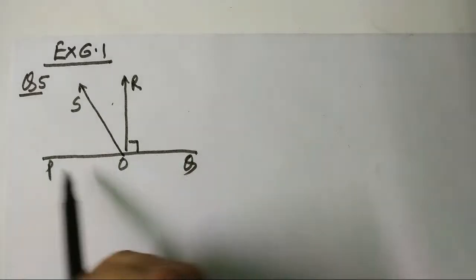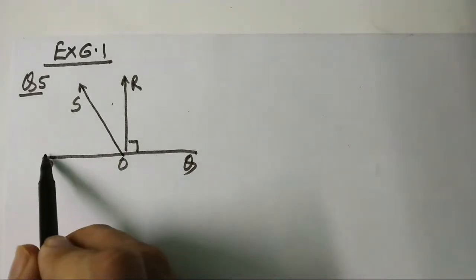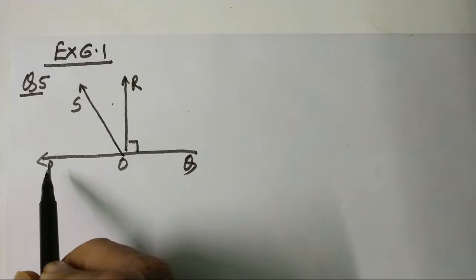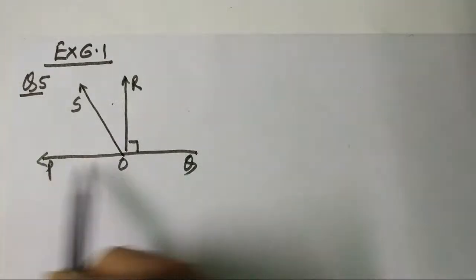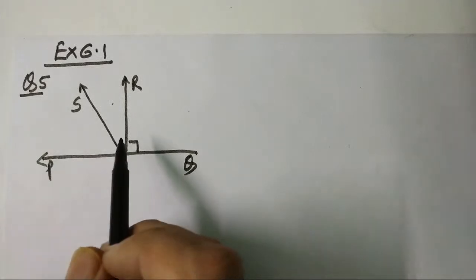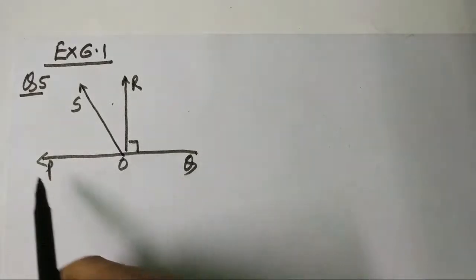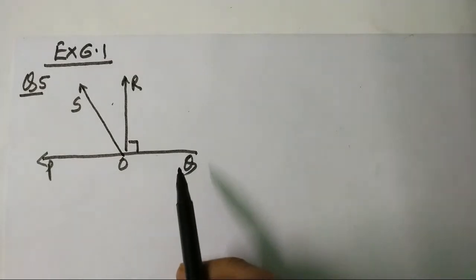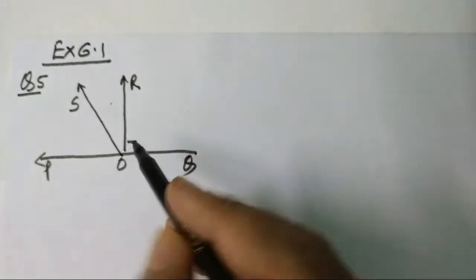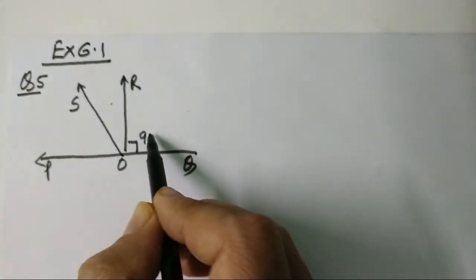Let's start. The question is given in which there is a straight line given. This is a class 9 question, and this is the figure given to you. It is given that POQ is a straight line, and in this figure angle QR is perpendicular, so this angle is 90.